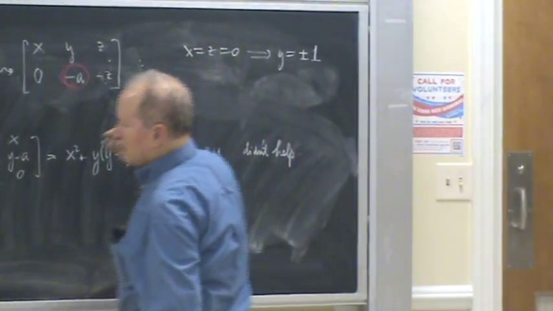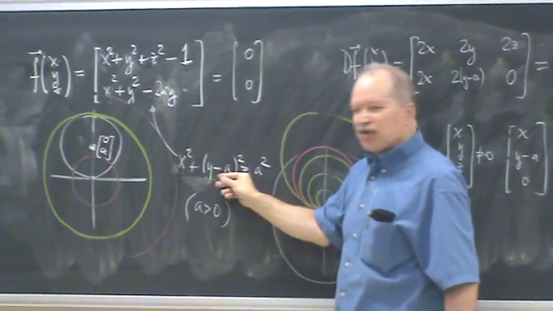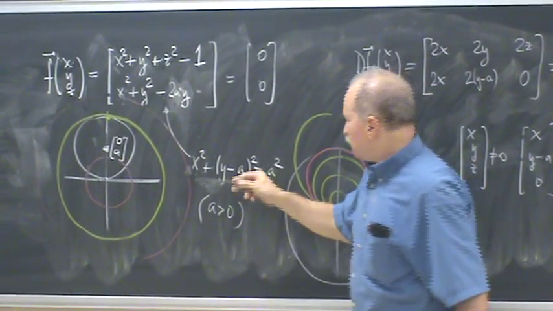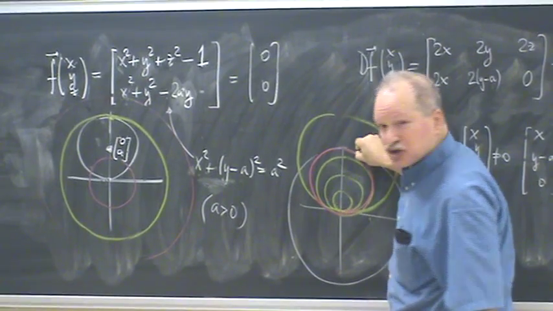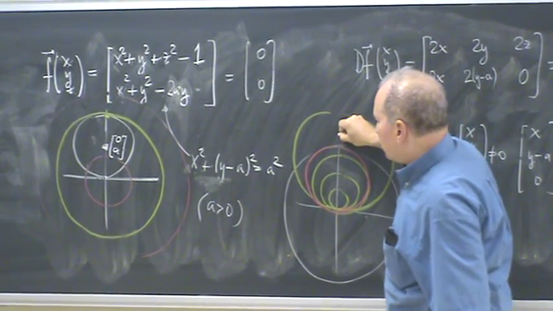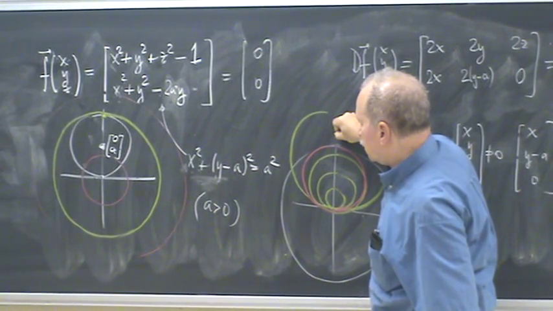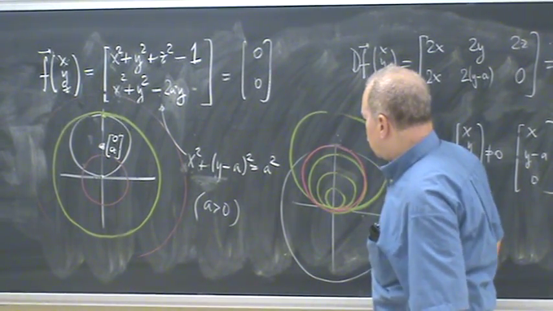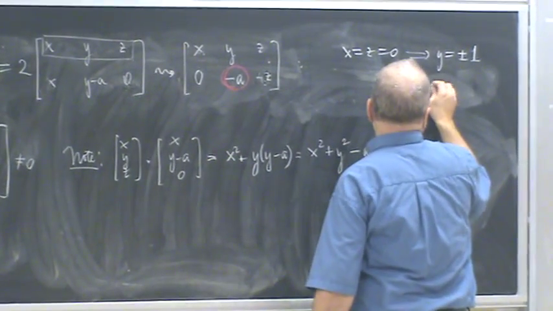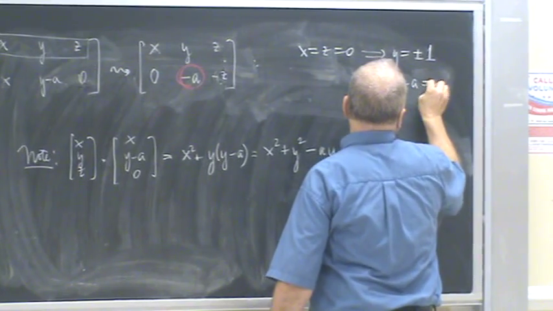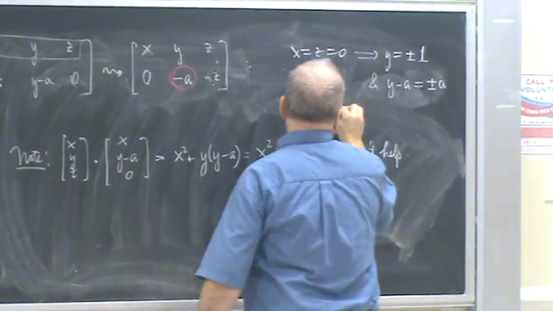What I'm trying to get at is that the one situation where A makes the picture look tangent is the case where A is a half, which is what you guys were saying. Because y minus A equals A, so y equals 2A. But y is 1, so A has to be half of y.